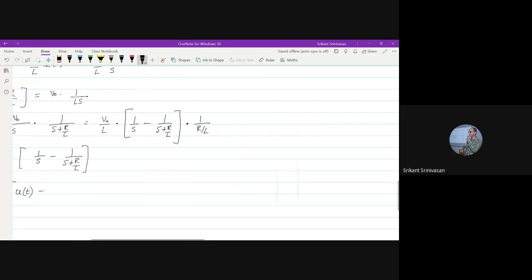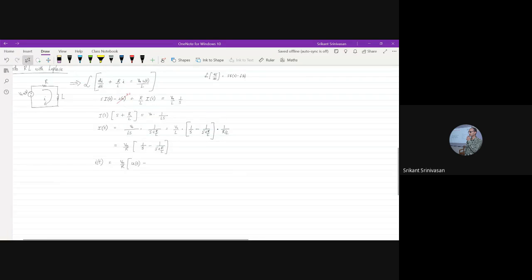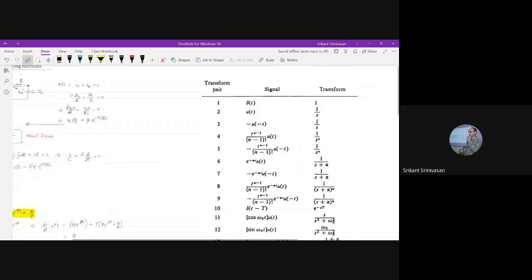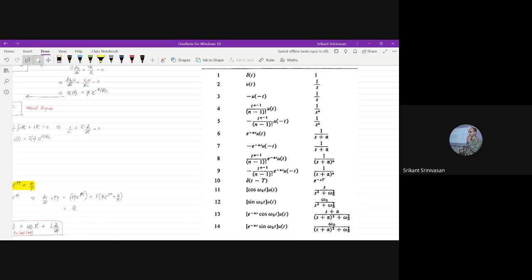It's u of t. And what is the inverse of 1 over s plus R by L? Let's go back to the table. Yeah, so this one here: 1 over s plus alpha in the time domain is e power minus alpha t u of t.